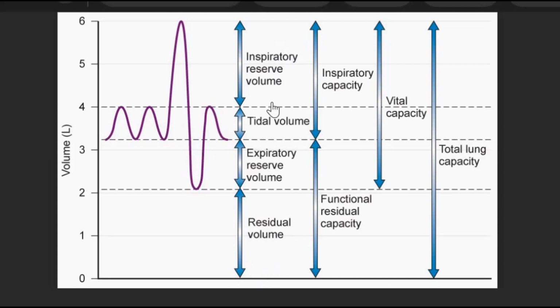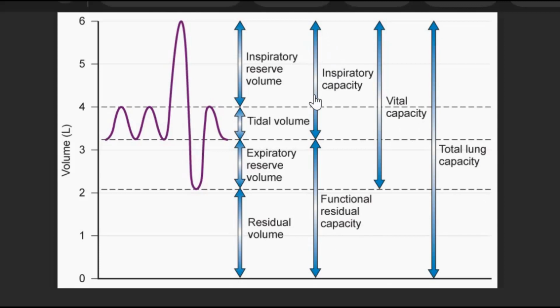Now let's look into the lung capacity. There are 4 types of lung capacity which you obtain by adding the lung volumes. The 4 types of lung capacity are inspiratory capacity, functional residual capacity, vital capacity, and total lung capacity. What is inspiratory capacity?